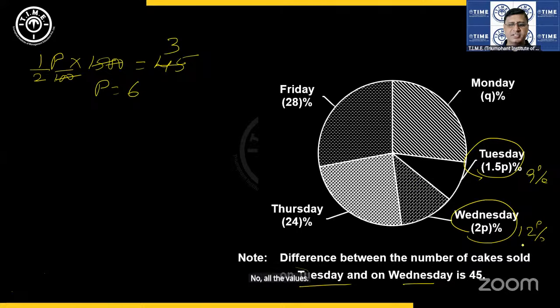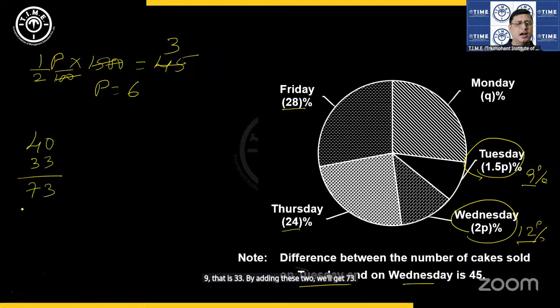Friday and Wednesday, 12 and 28, that is 40. The next, 24 plus 9, that is 33. By adding these two, we get 73. 100 minus 73 is 27. The value of Q is equal to 27.